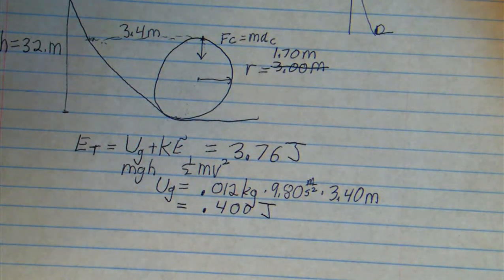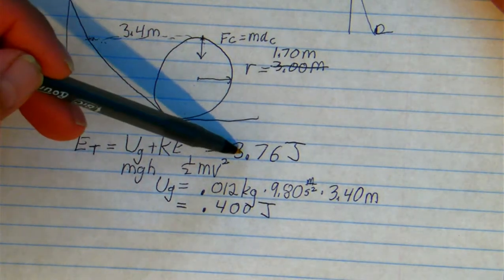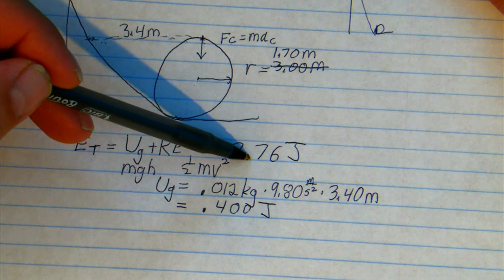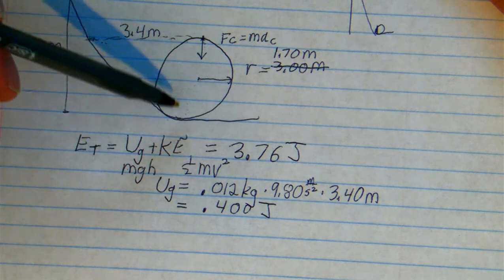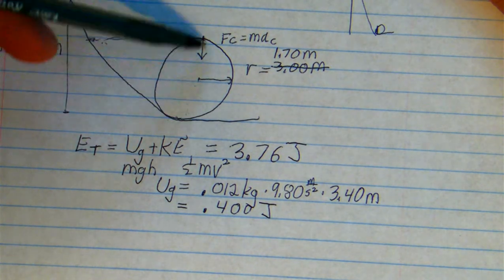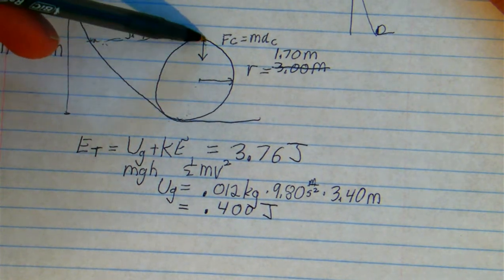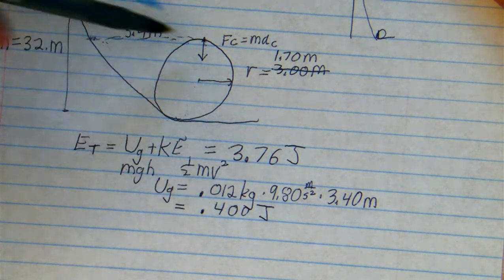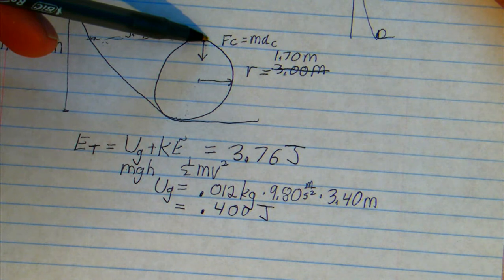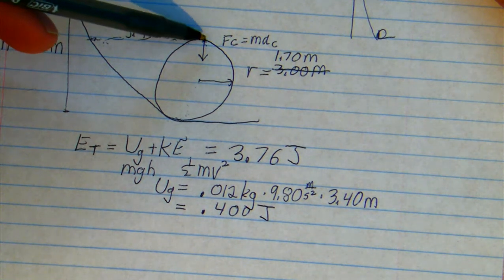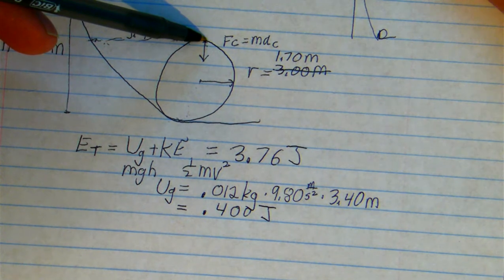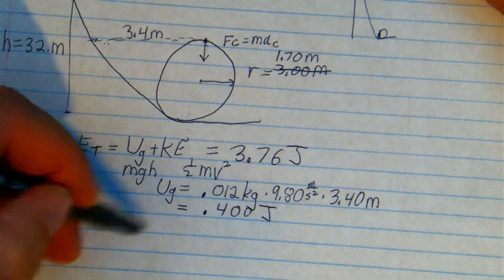Now, if the total energy is 3.76 joules, and the gravitational potential energy at the top of this loop is 0.400 joules, how much kinetic energy does this marble have at the top of the loop?